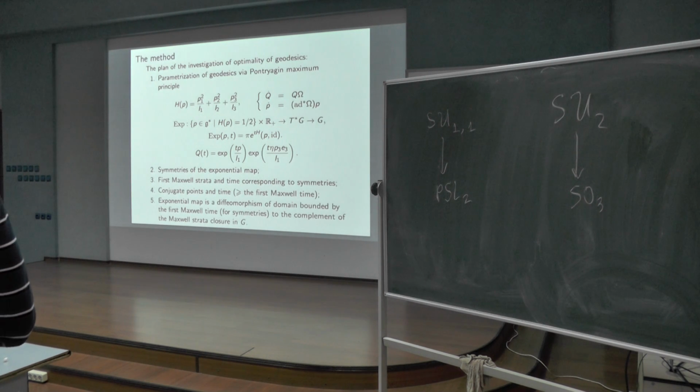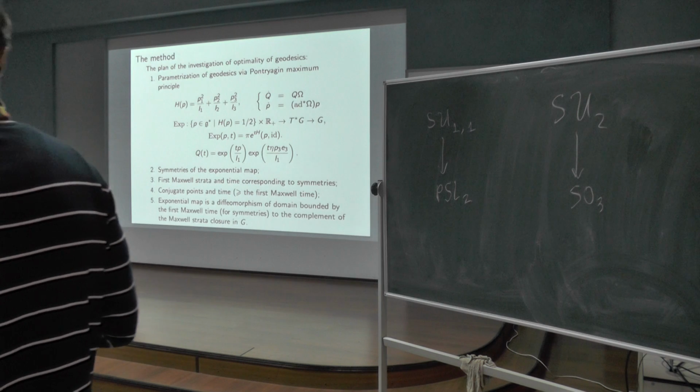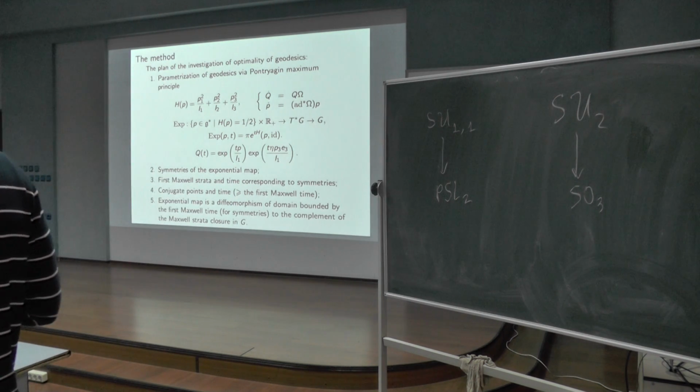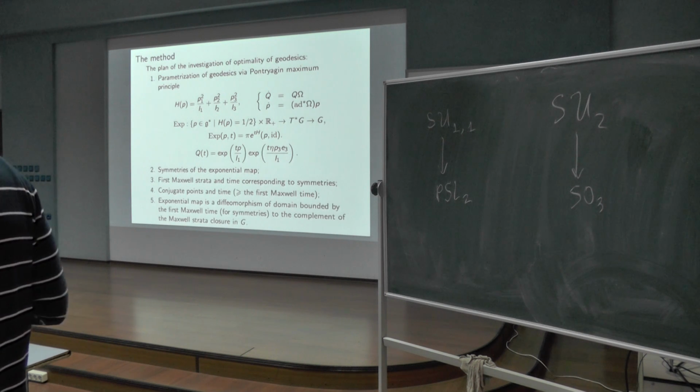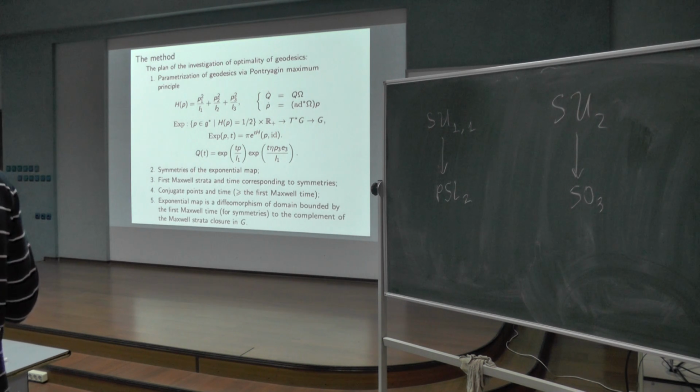Next, we study symmetries of the exponential map, meaning the symmetries of the vertical part of the Hamiltonian system that produce the symmetries of geodesics.